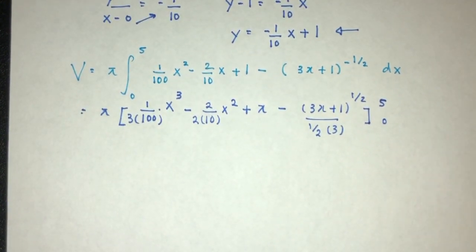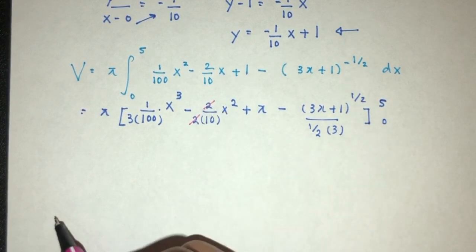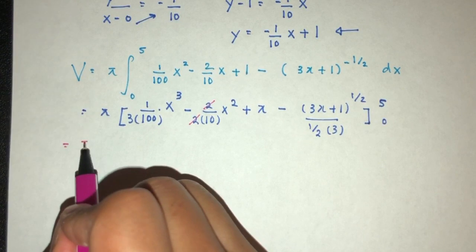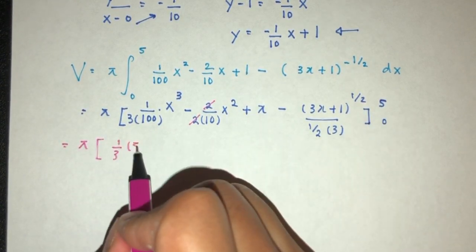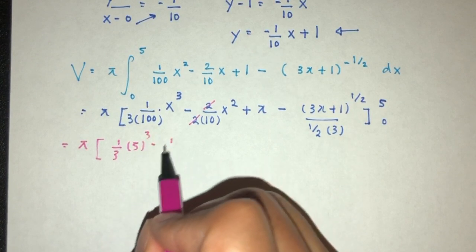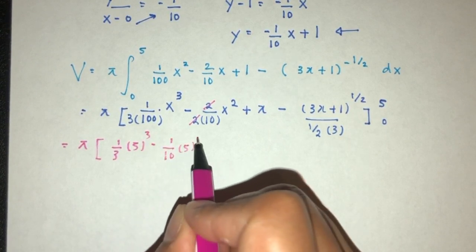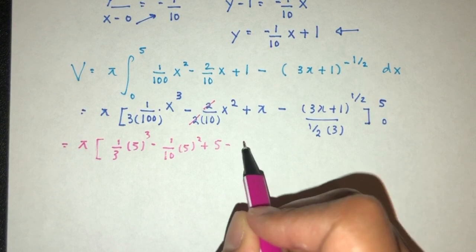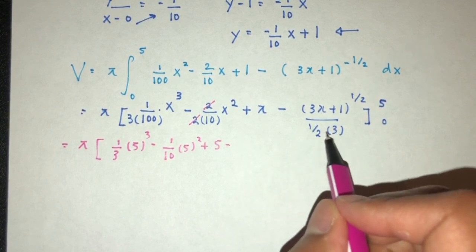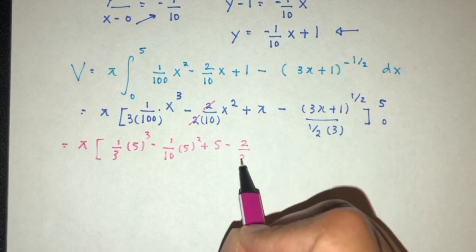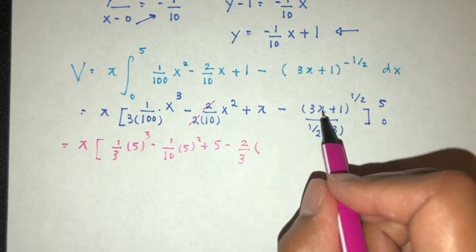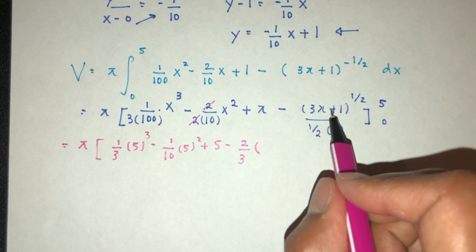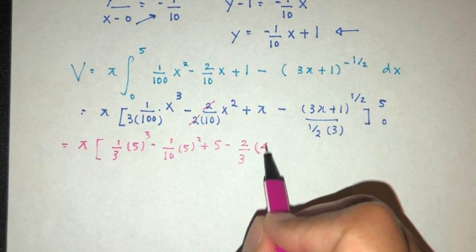Okay, so now let's see what do we have. We have to replace, right, the values inside. So this will cancel out. Pi is pi, we don't care. Here we have 1 over 3, x cubed is 5 cubed, minus 1 over 10, 5 squared, plus 5. Now minus, that will be 3 over 2, that should be 2 over 3. And that will give you 3 times 5 is 15 plus 1 is 16, power half is 4.